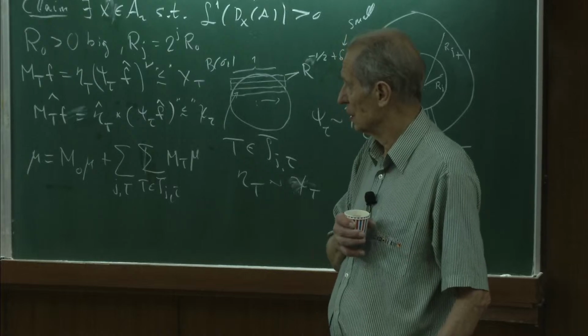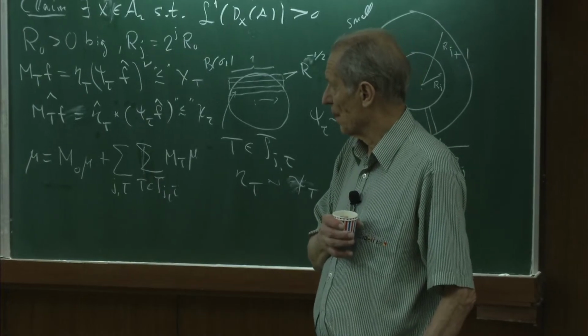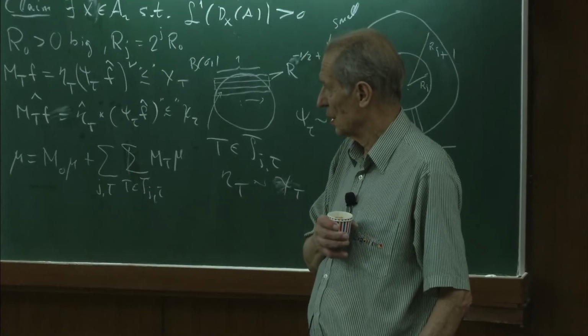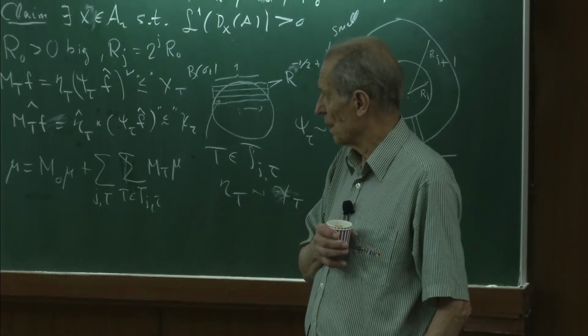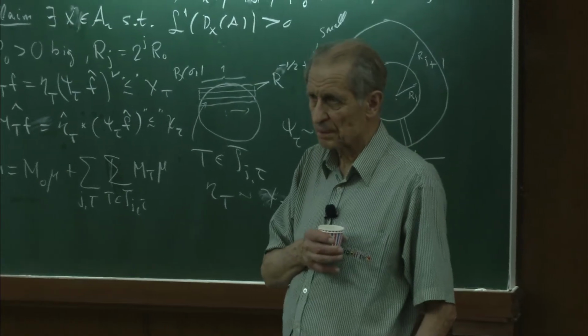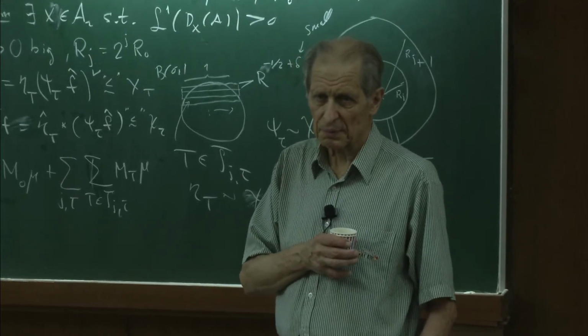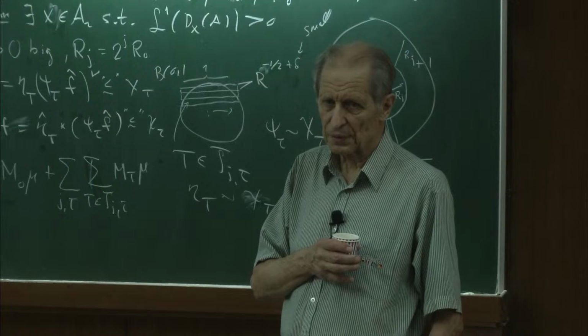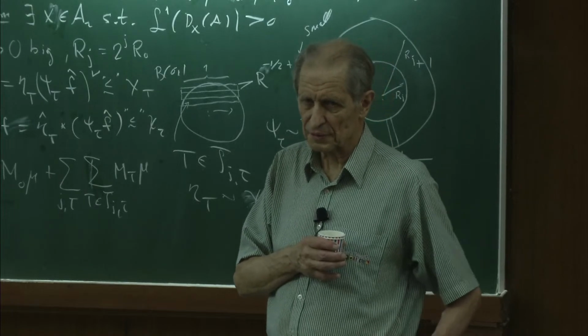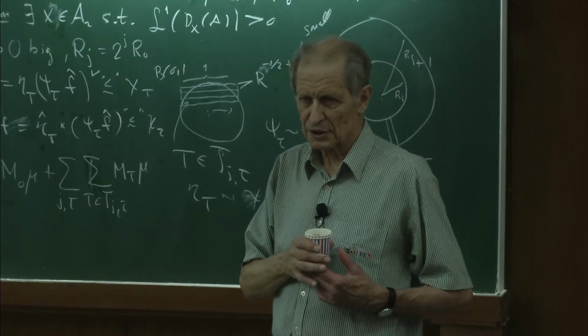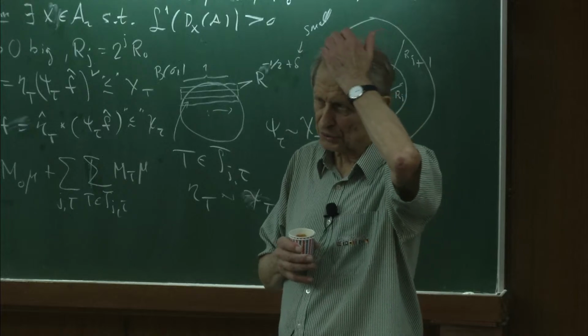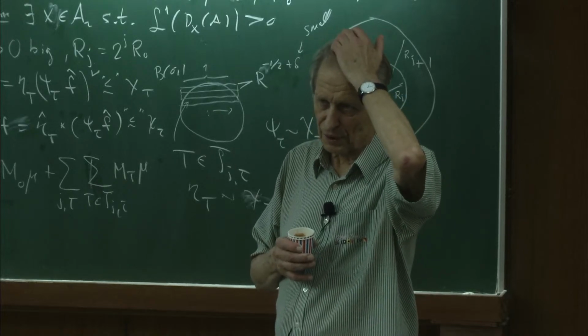Well, not very much, because if you have a line segment which is one-dimensional, then this has a distance set with positive measure, but the set is only one-dimensional.